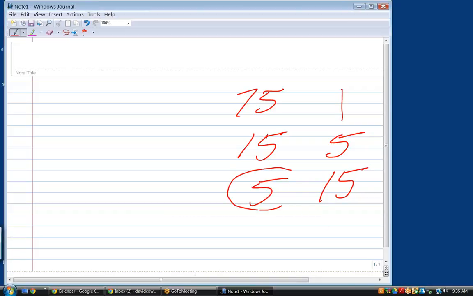I can increase this one by a factor of 3. Hold on, excuse me. I'm looking for 25 and 3. How do I get it from this technique? Oh, I could take that up by a factor of 5. That's what I meant to say. Which means I have to take this down by a factor of 5. And I get that.